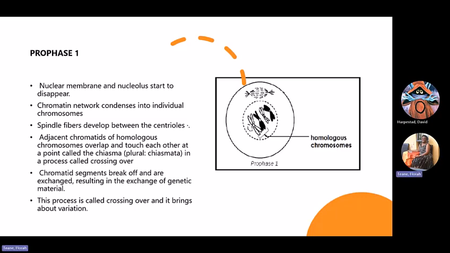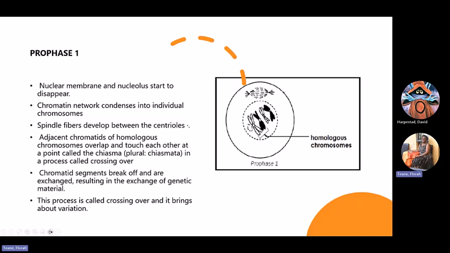A chromosome is made up of two chromatids. Now, when we look at this point here, there's a form of attachment, meaning a chromatid from one chromosome is attached to a chromatid of another chromosome. Why? To exchange genetic material. We refer to this point of attachment as the chiasma, or plural chiasmata.